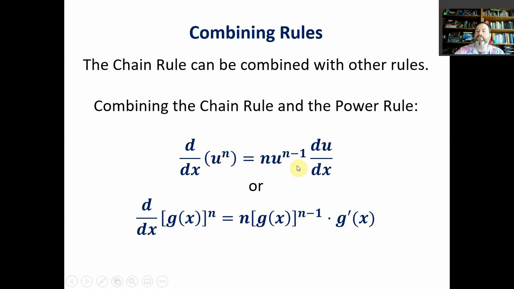So this is just a combination power rule chain rule. Or if you want to write it like this, if you have a function to a power, the power rule is in effect, so the n comes down, lower the power by 1, multiply by the derivative of the inside. So there's two more ways to combine rules, and then we're going to see an example that uses all of these combinations.